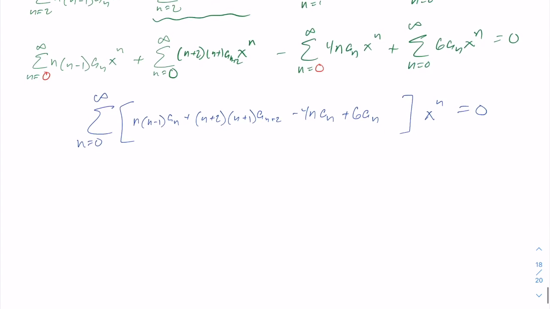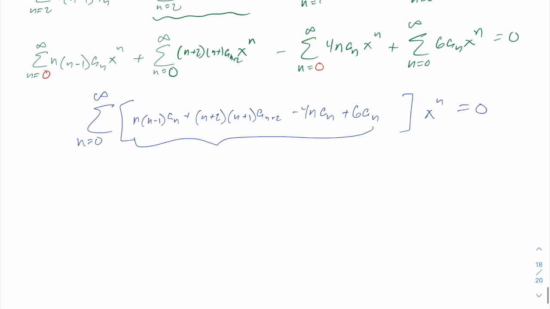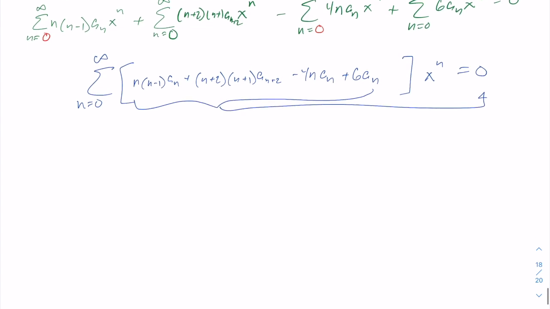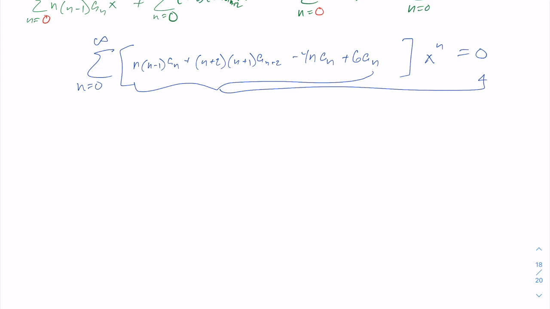Good. Now I have all of this is equal to 0, so let's write that down. I'm going to do a couple things here. Let me just kind of start expanding this. I have n squared minus n, a sub n, plus, I'm not going to factor that one, I'm not going to distribute that one, n plus 2, n plus 1, a sub n plus 2, minus 4n, a sub n plus 6, a sub n equals 0.